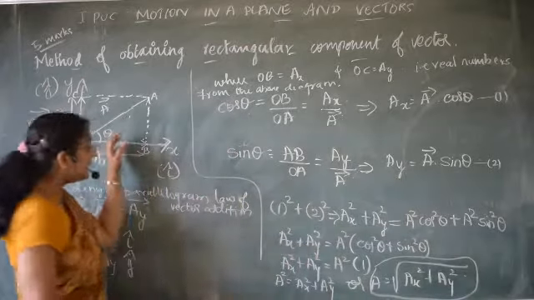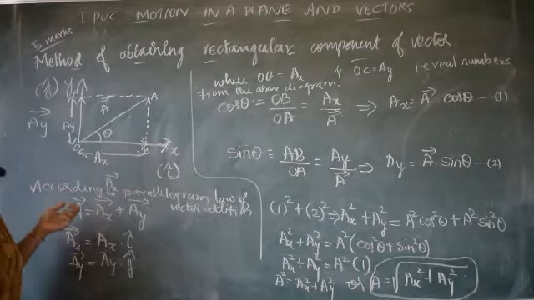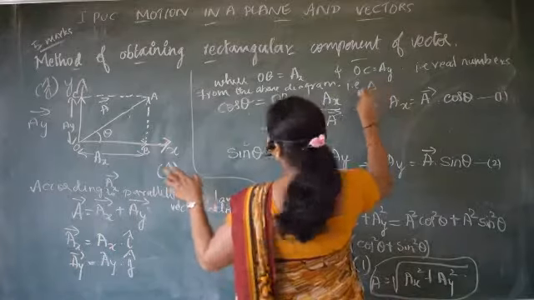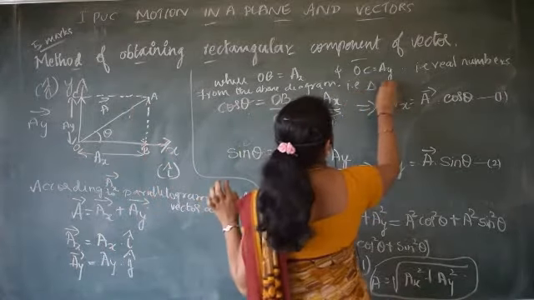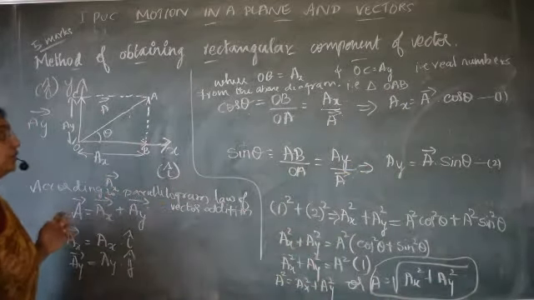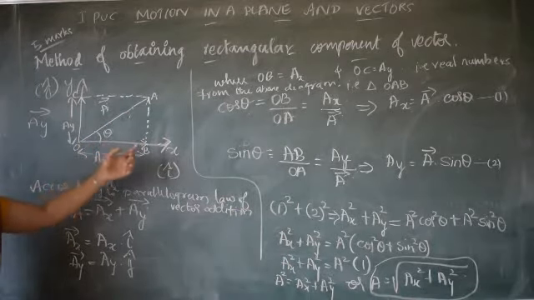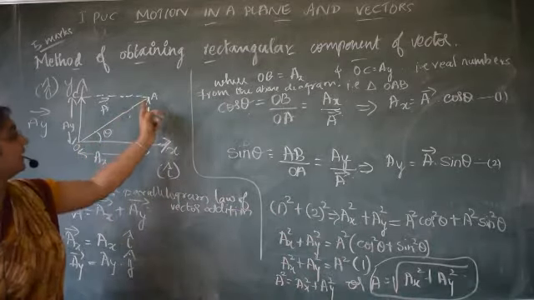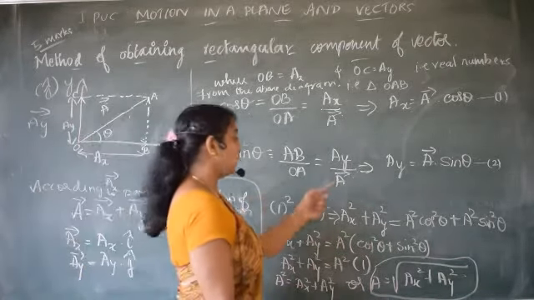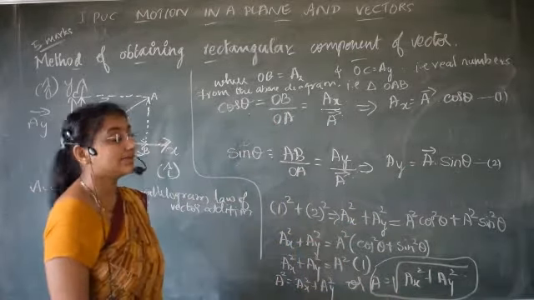Next, for the same triangle OAB, I have written it for your reference so that you will not go wrong. Sin theta is equal to opposite by hypotenuse, AB by OA, we get AY by A vector. Or take this to the other side, we get AY is equal to A vector into sin theta.